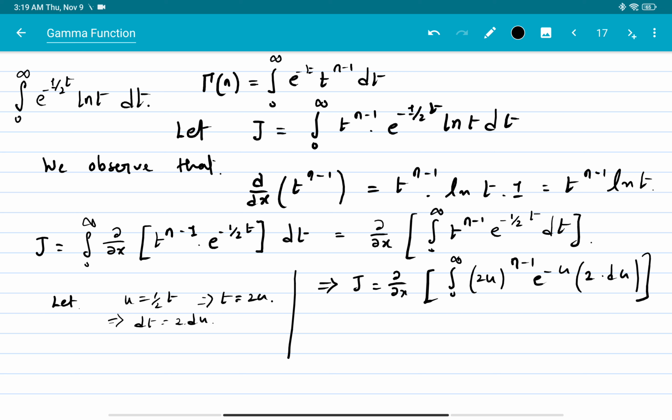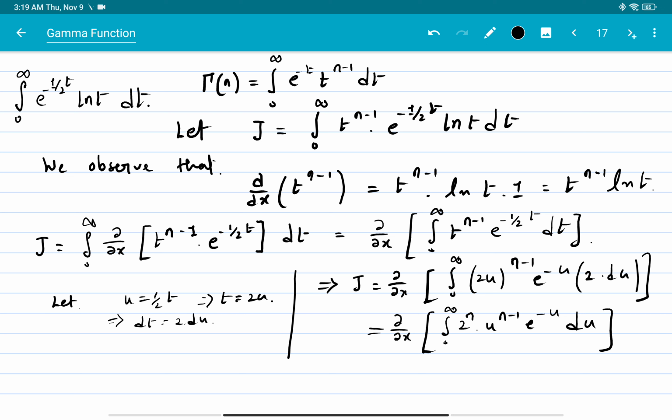So it will be del x of the integral from 0 to infinity of 2 to the power n times u to the power n minus 1 e to the power minus u du.